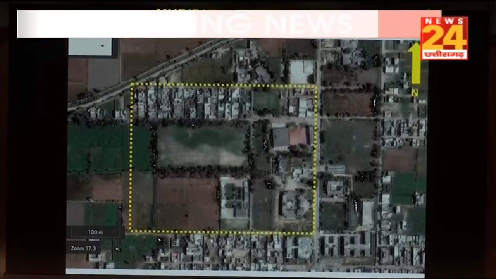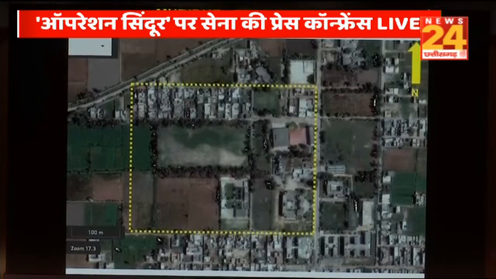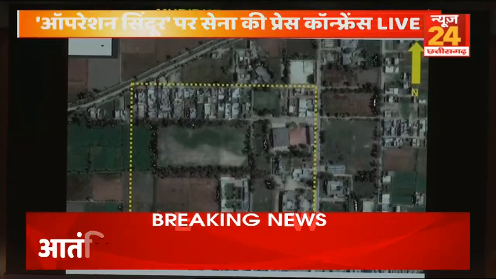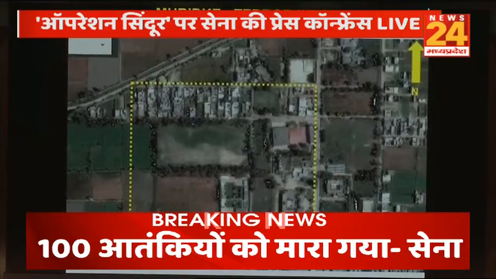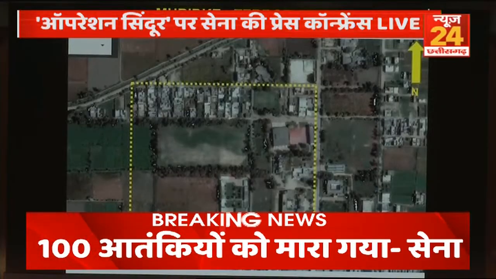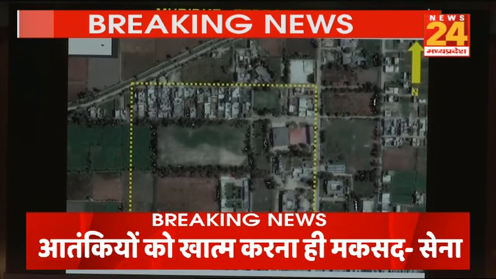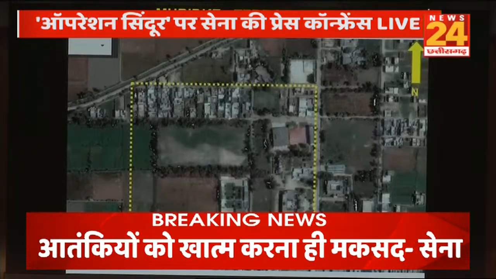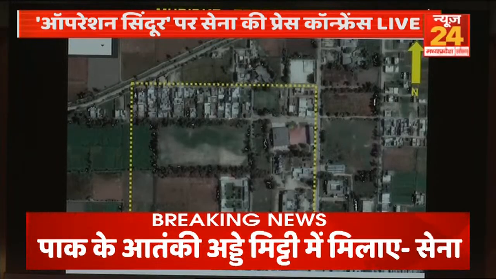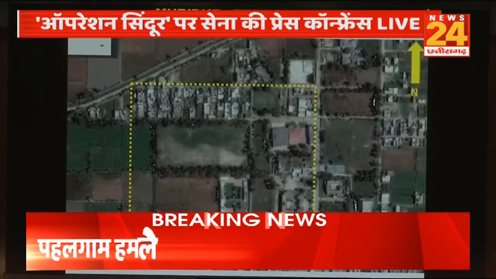This is what the terror infra at Muridke looks like. If you see, north is as indicated, and to the right is east, where the international boundary lies. Could we have the next slide, please?